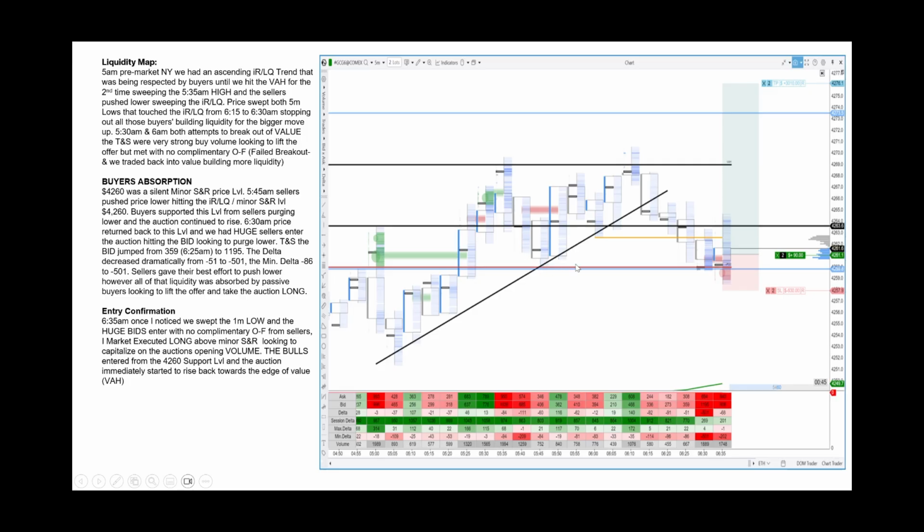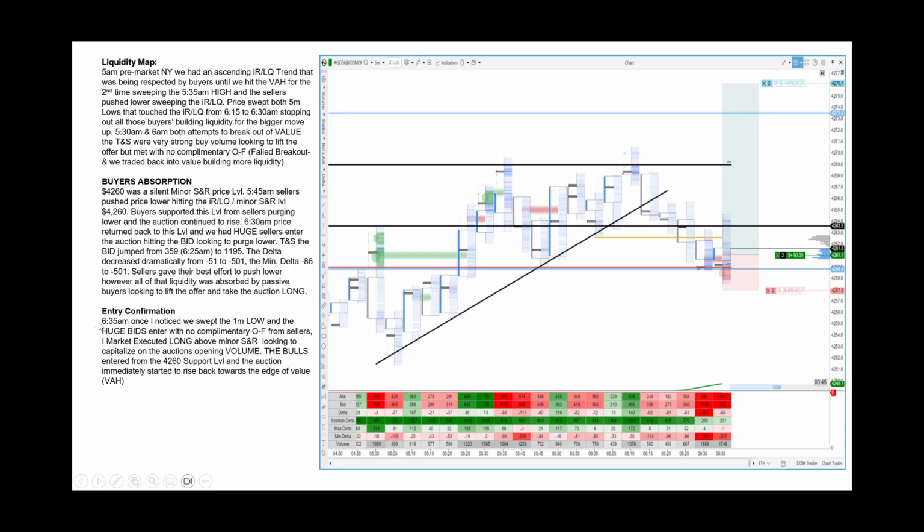Underneath this 5-minute low, as we swept out all of this, looking to lift the offer, all of that liquidity was absorbed by passive buyers looking to lift the offer and take the auction long. Now, the entry confirmation.